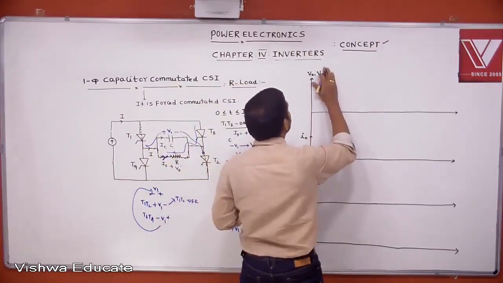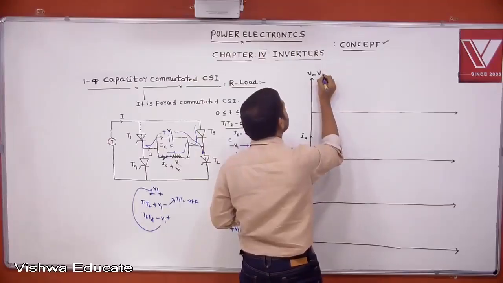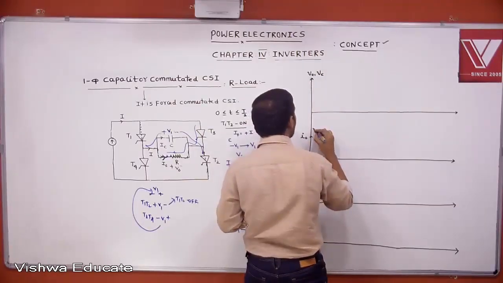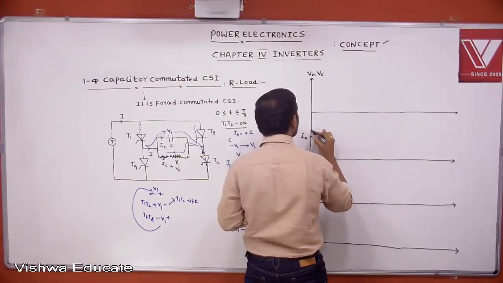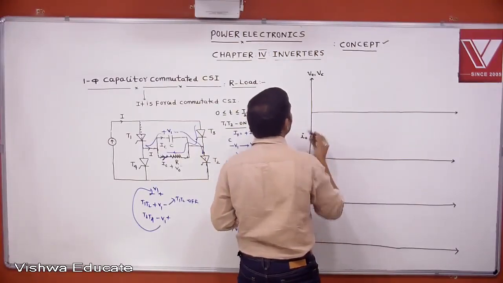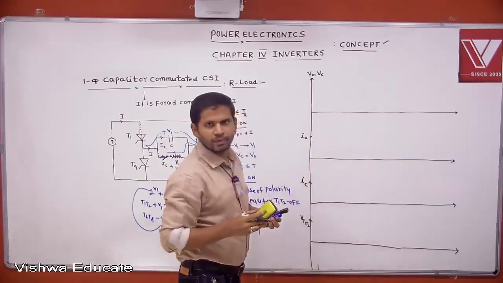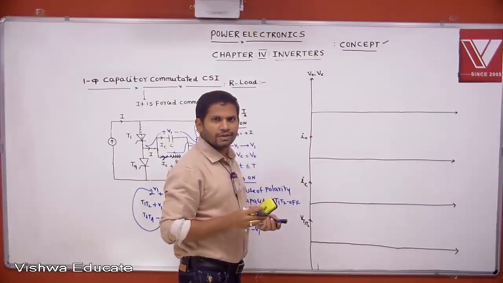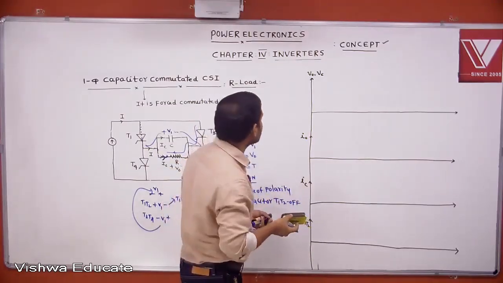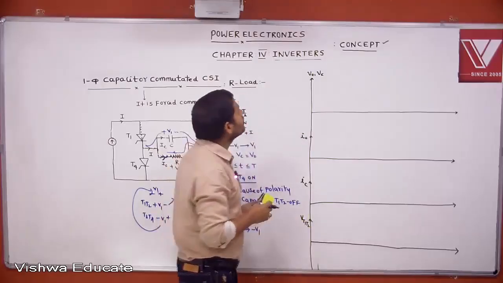Now if you trigger, this V0 and VC are both same. The capacitor voltage is changing from minus V1 to plus V1. Understood? Okay.